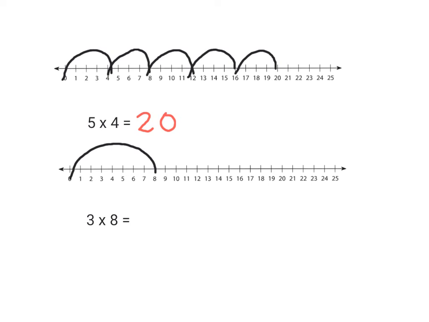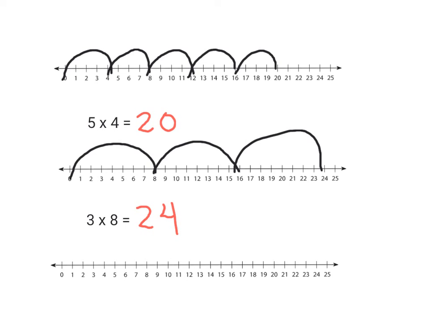That's the first jump, 2, and 3, where we land on the number 24. So 3 times 8, or 3 groups of 8, equals 24.